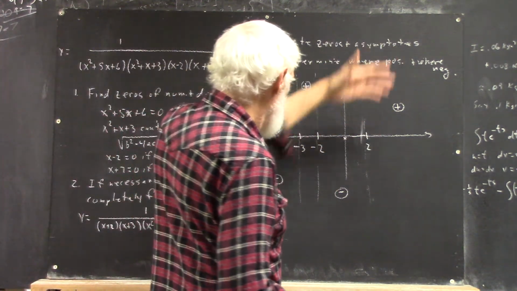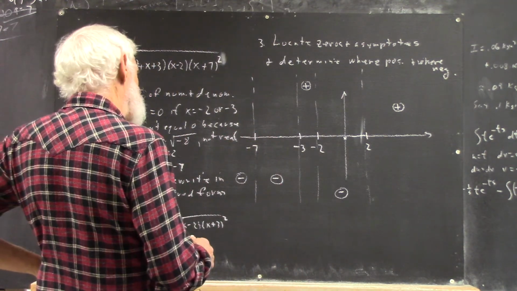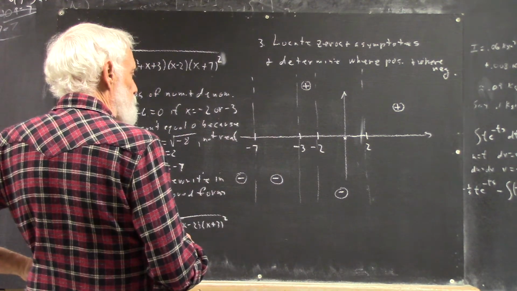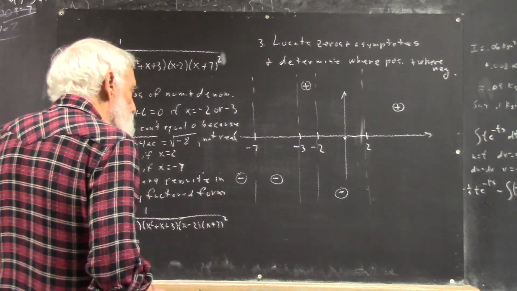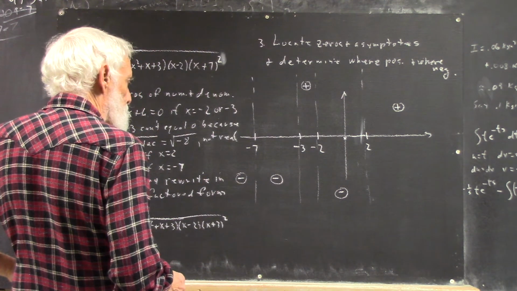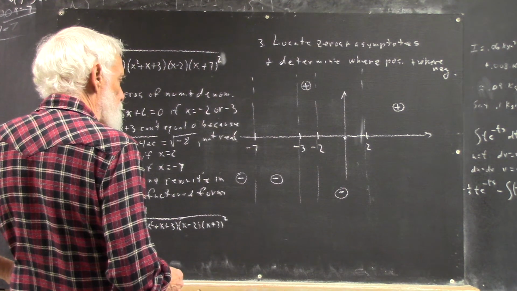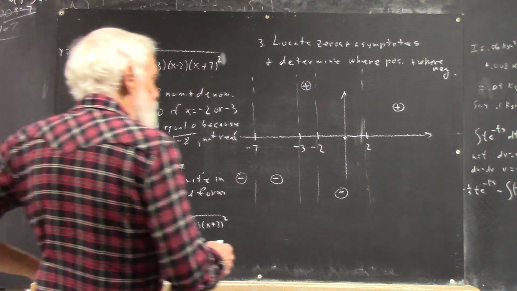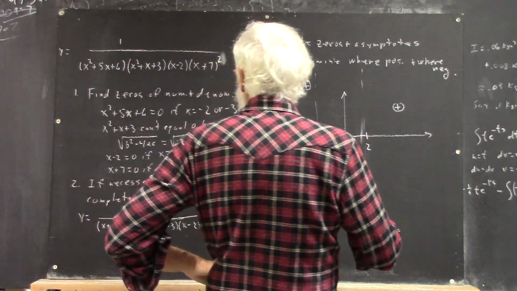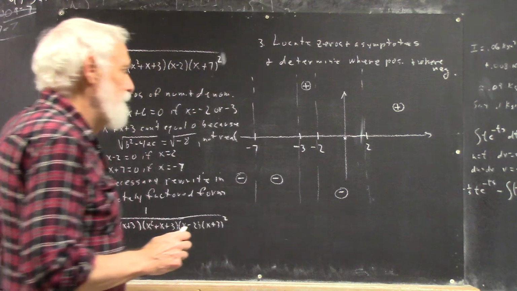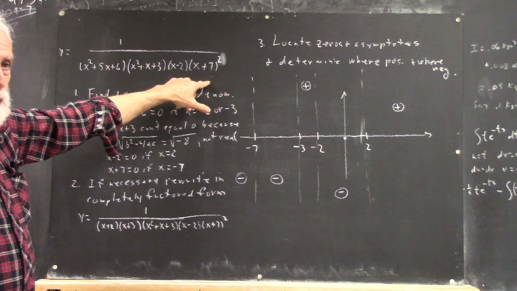Now that you know the sign on each interval and you know a y-intercept here, you can begin to sketch the graph. So, over here, it's fairly straightforward. Also, if x is any kind of a huge number, the denominator is going to be really huge.